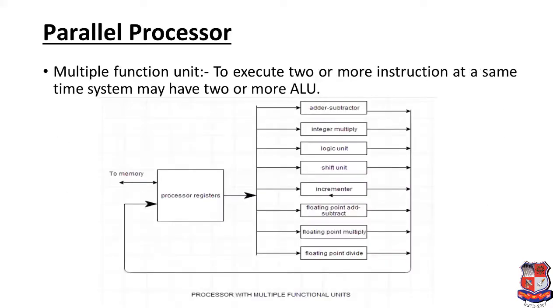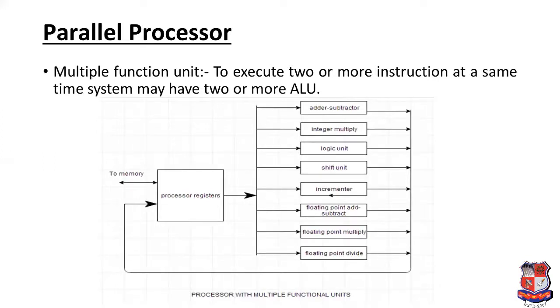Let's see multiple function unit in this diagram. They provide 2 or more arithmetic and logical units. Each arithmetic logical unit can do a different kind of work. The first ALU does addition and subtraction, the second does multiplication, the third does logical operations, the fourth is a shift unit, the fifth is increment, and the sixth does floating point addition, subtraction, floating point multiply, and floating point division.